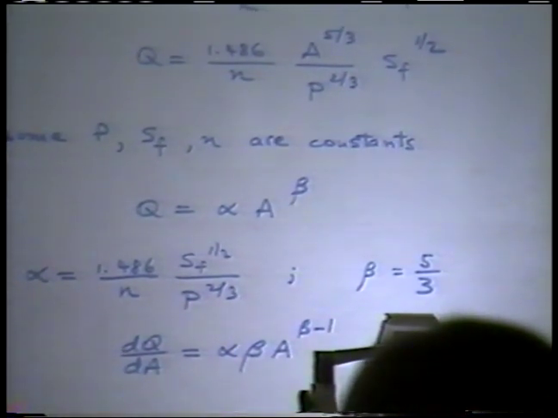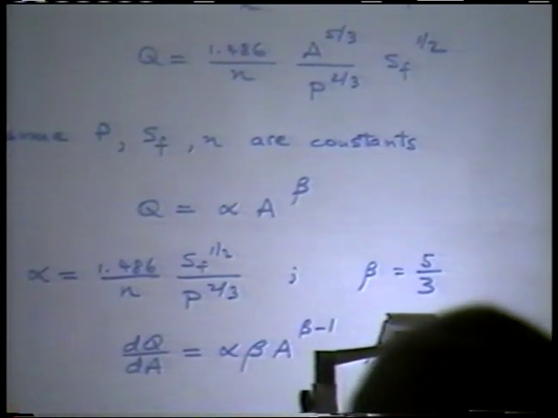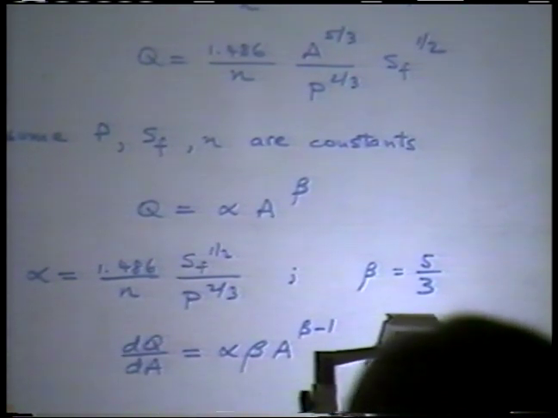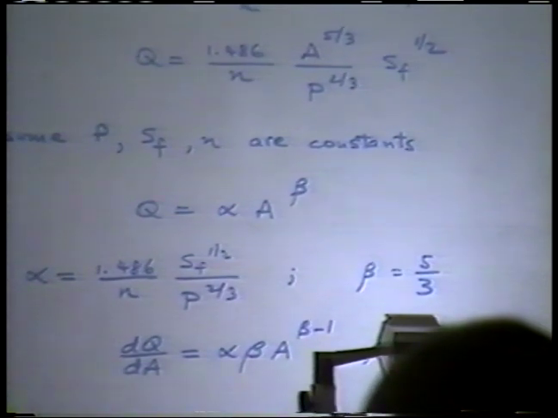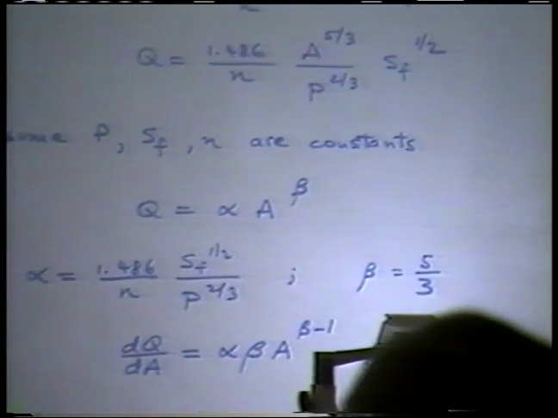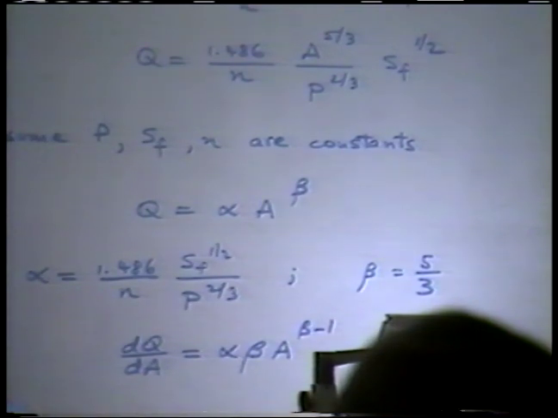Of course, beta is equal to 5/3 under this derivation, based on what we have assumed, which basically is two things. We have assumed that the wetted perimeter is a constant, and we have assumed that we can pose the friction in terms of the Manning equation. We could choose some other equation, but we use Manning because that's the one that's used by most people in practice.